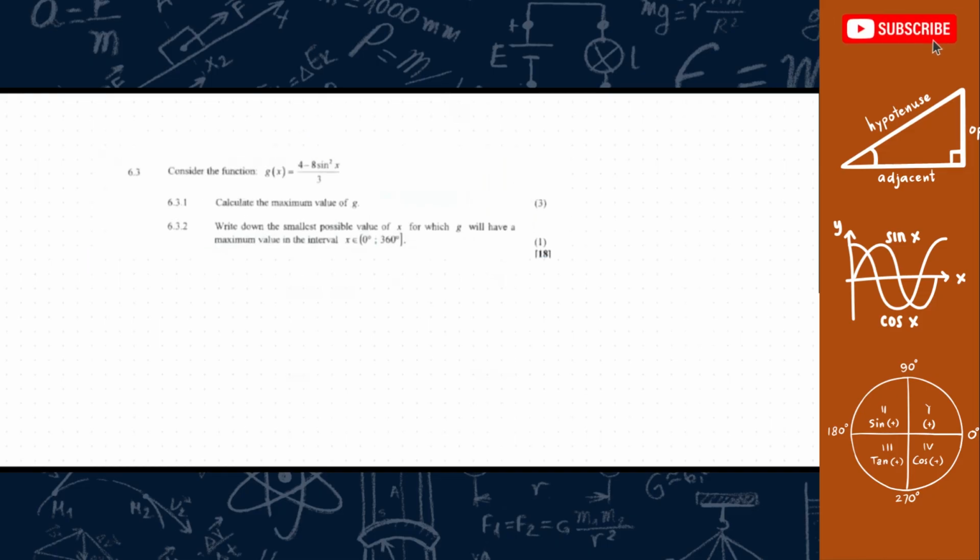For something like this, it says consider the function g of x is equal to 4 minus 8 sine squared x. Calculate the maximum value of g.